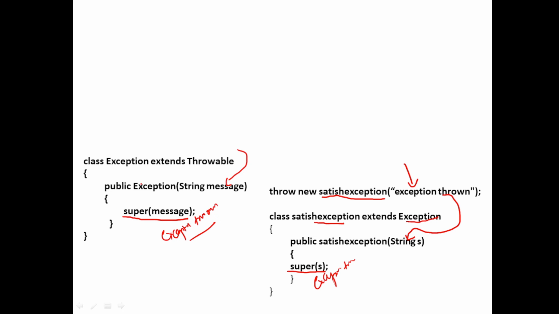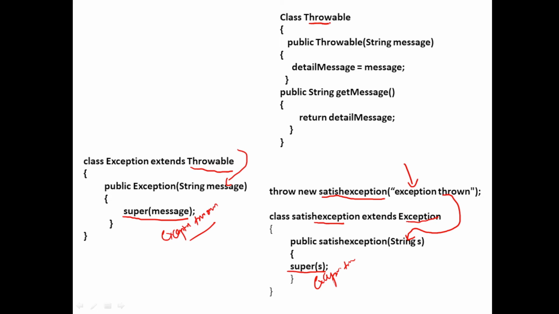This is passed to its superclass. What is the superclass for Exception? Throwable. So now you have this class Throwable. Exception thrown comes here and it is getting initialized to detail message. This is a private variable inside your class Throwable. And when you call getMessage, what is getting printed? The detail message. What is the detail message going to have? Exception thrown.